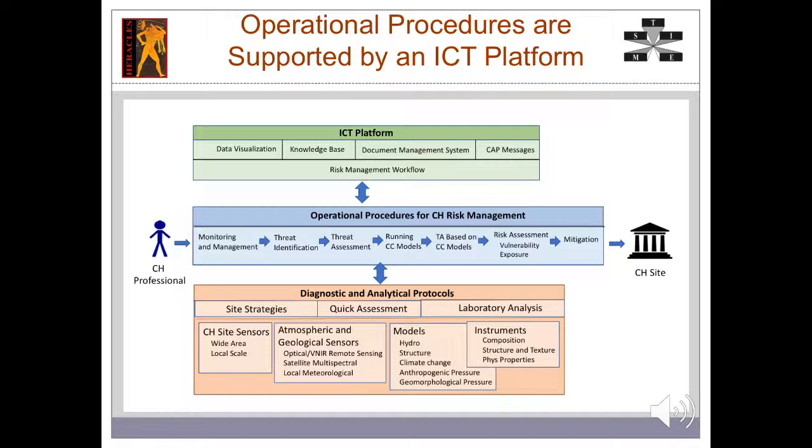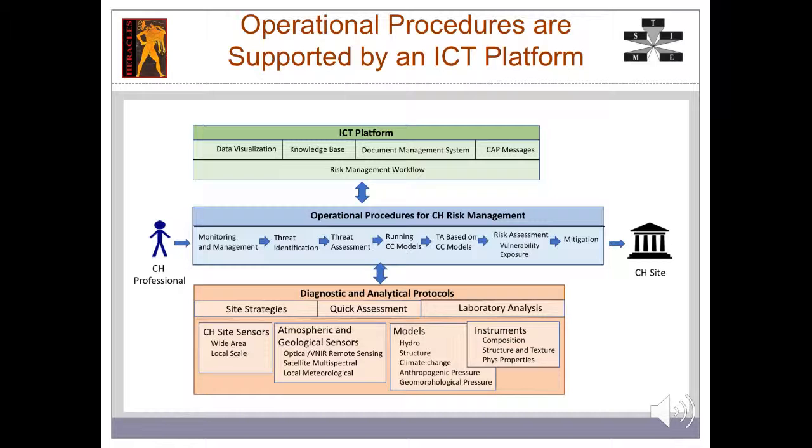Another key element of the platform is the risk management workflow. Now, the whole activity of monitoring cultural heritage sites, assessing their vulnerability, analyzing how they're exposed to various pressures, assessing their state, understanding how the materials are going to react and what might be needed to remedy those.